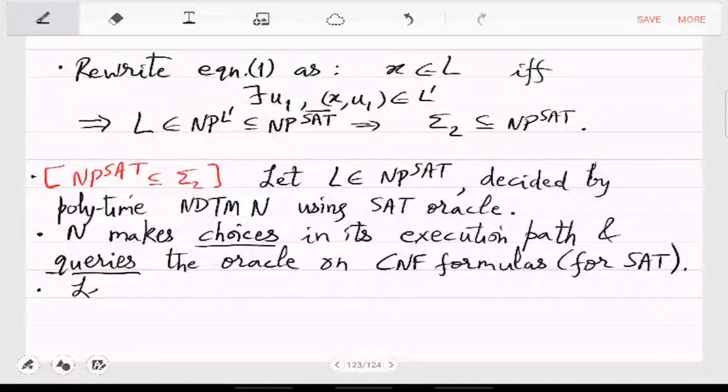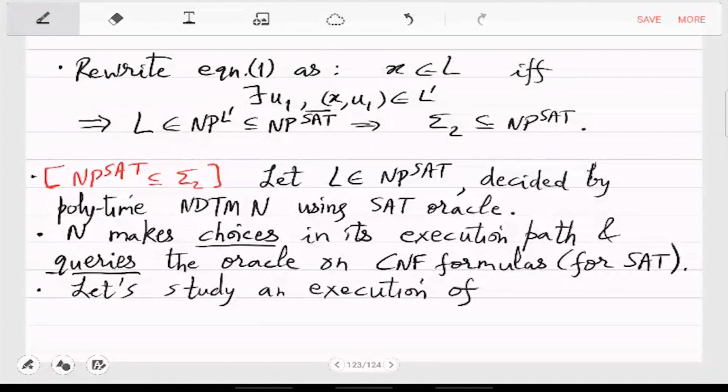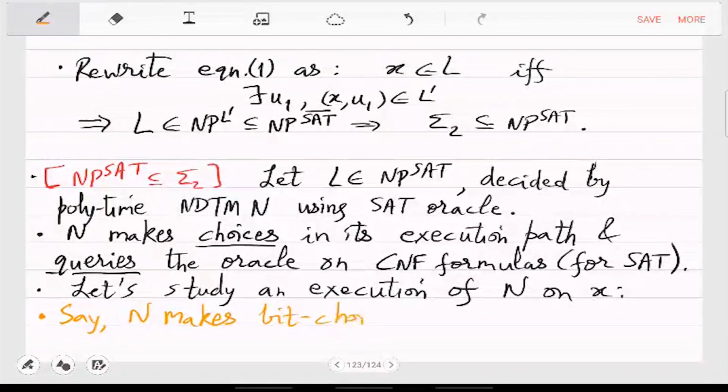So let's study an execution of N on x. Say N makes bit choices C1 dot dot Cm.